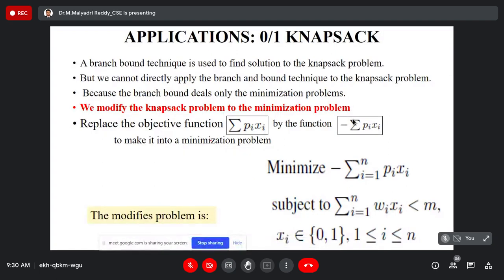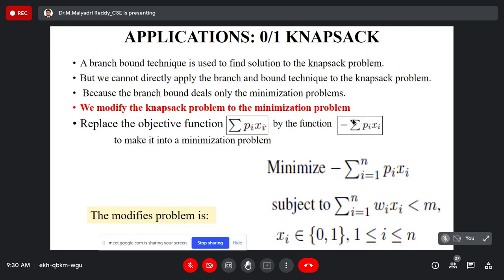With respect to branch and bound, I already explained previously that branch and bound techniques are used only for minimization. But knapsack is a maximization problem. So we simply modify the formula, then it becomes a minimization problem.